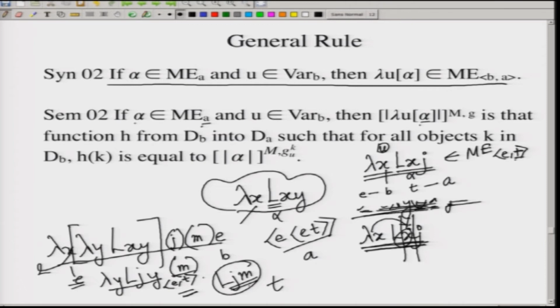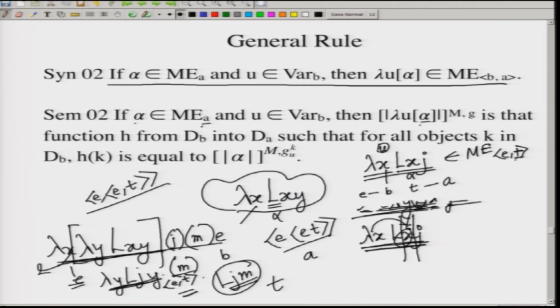That is what we can see here. So what will be the type of this whole lambda expression? The type of this is e to e to t. It takes an e, then it takes another e, and then it yields a t. This will be the type of this expression, and e to t will be the type of this expression.